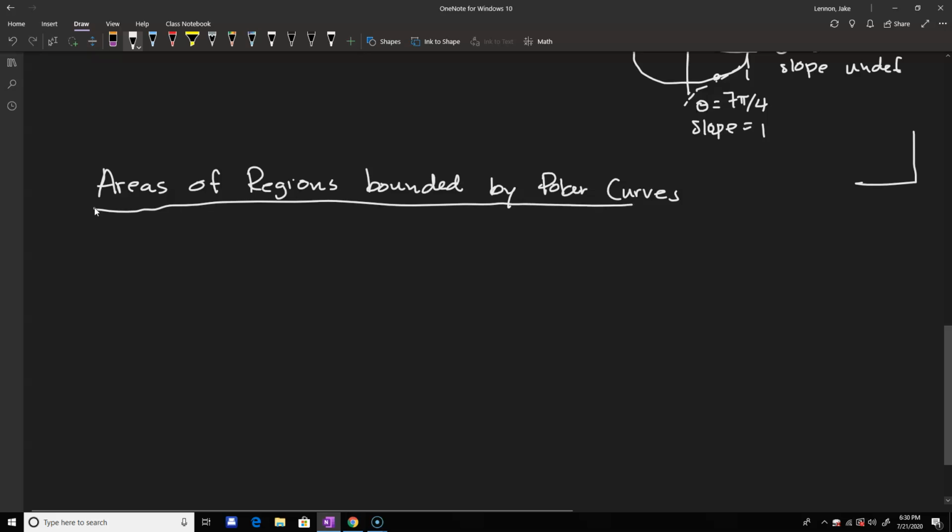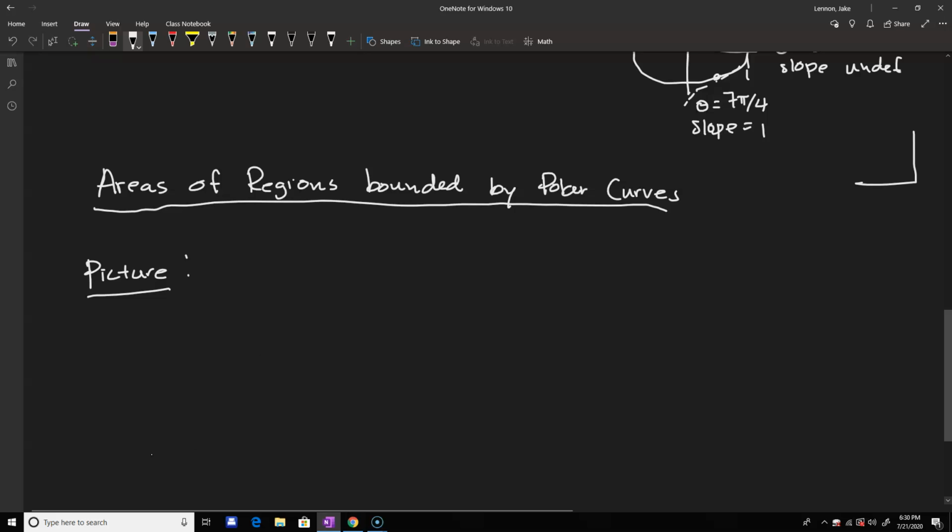So this is what we've got. Basically the idea is you're just rotating. Let's think about the picture. We're rotating through an angle now. We're not rotating from bottom to top or left to right like we do when integrating with respect to x or y.